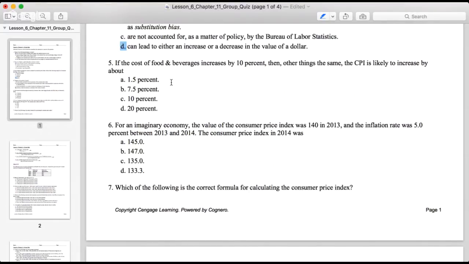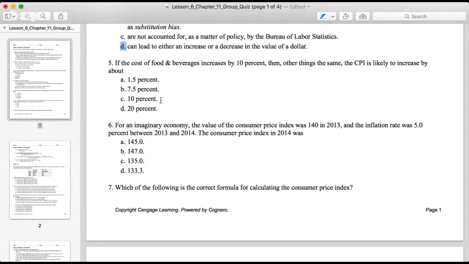Okay. Sorry, Tammie. What were you going to say, Daniel? I was going to say that I think the key on this one is the part that says the other things the same. For me it would be 10%, but this is just a hinge.